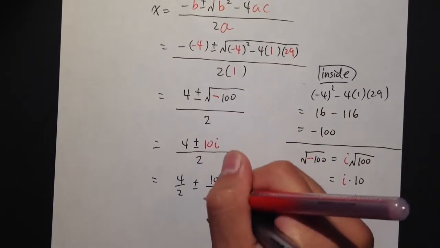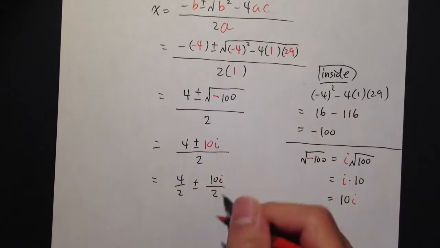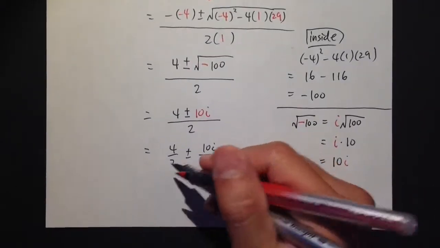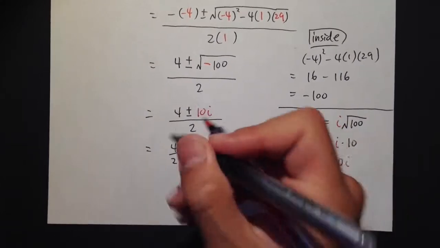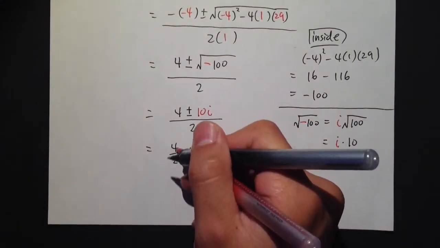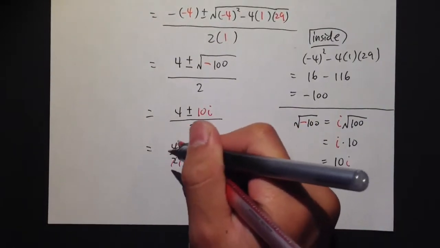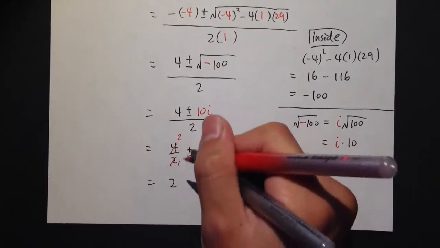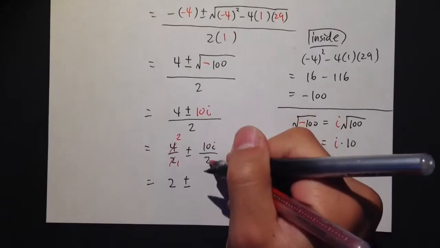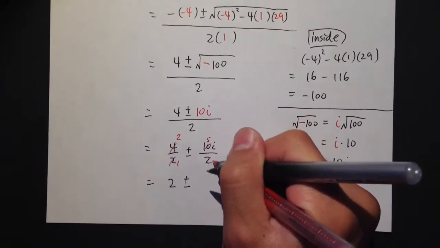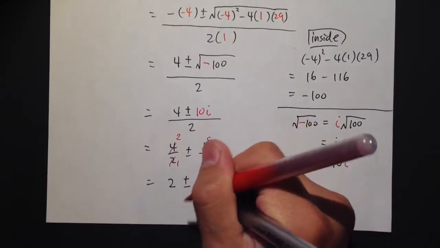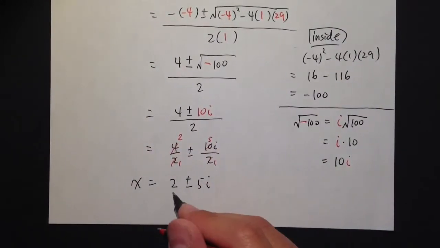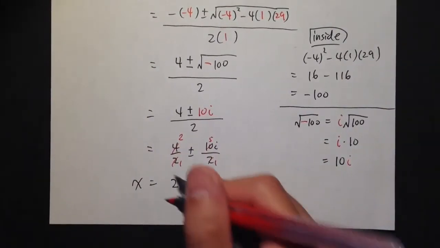So the denominator does not change. I'm just separating it into two fractions. Once we have two separate fractions, 4 over 2 is just 2, and then plus minus 10 over 2 is just 5 over 1, so it's 5i. So x is equal to 2 plus or minus 5i.